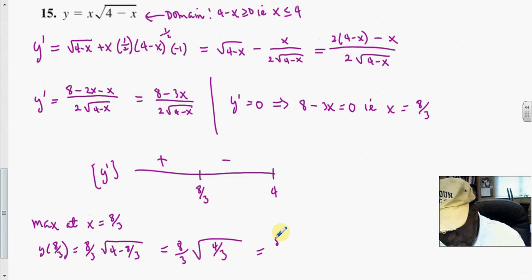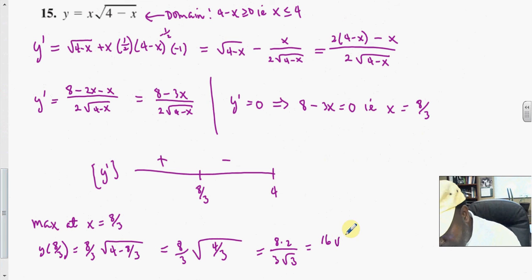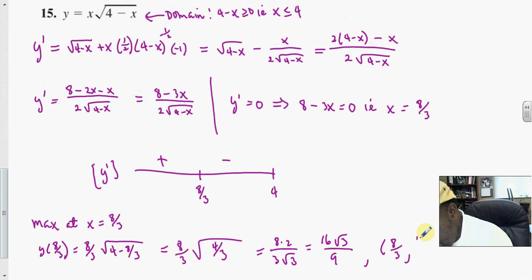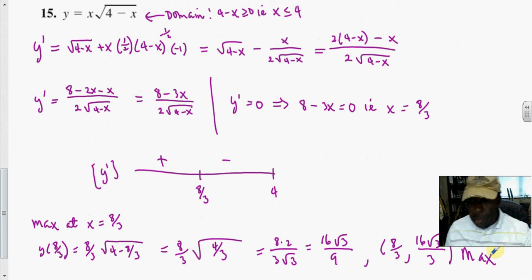So this is 8 times 2 over 3 times the square root of 3. So this is 16 times the square root of 3 over 3 times 3 is 9. So the point is 8/3, comma, 16 times the square root of 3 all over 3. And this is our max. Okay, so that's the maximum.